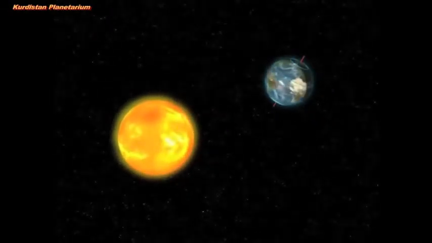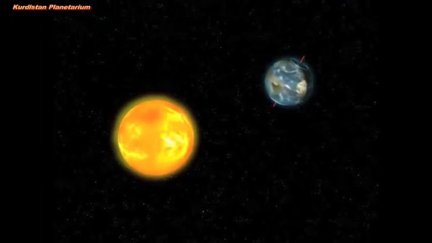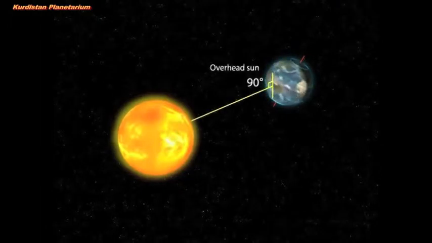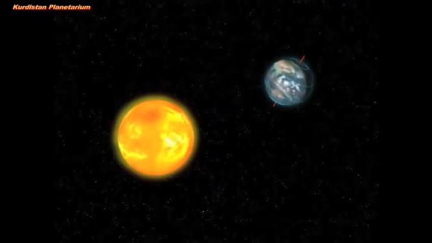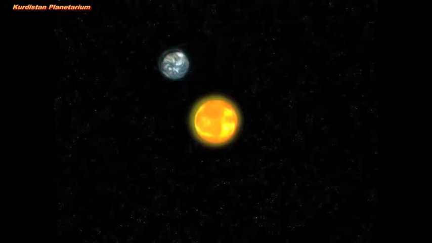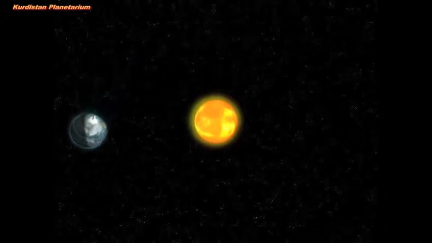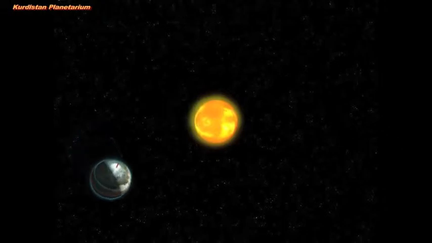When the sun is directly overhead, we call this the overhead sun. At this time, the Earth's surface and the midday sun forms a 90-degree angle. Different locations of the overhead sun results in variations in the amount of solar radiation received in different areas and at different periods.